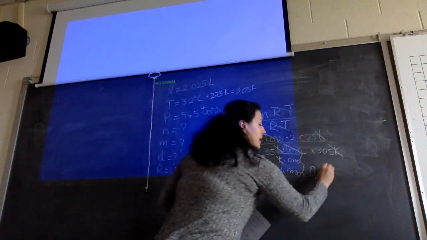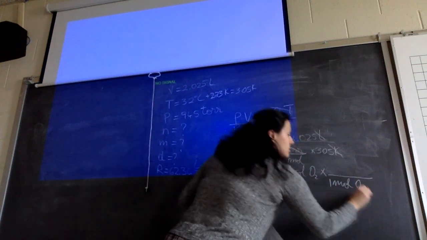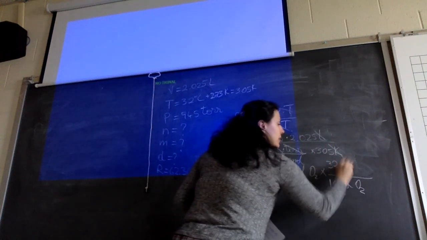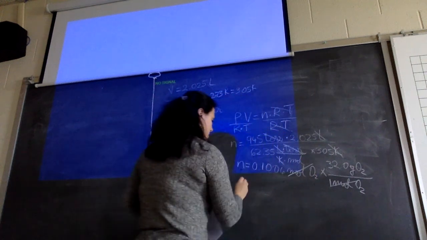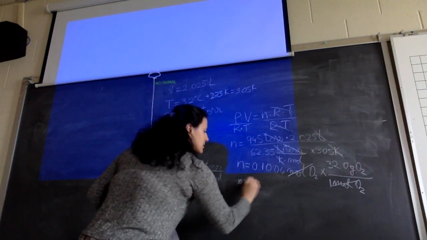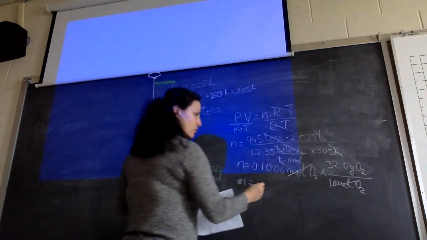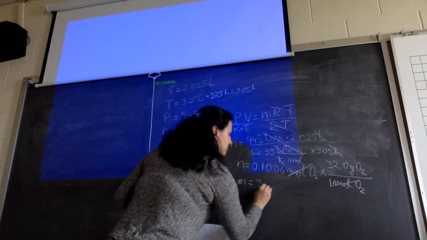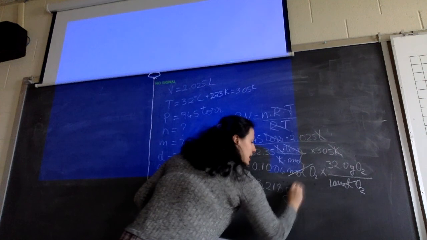So I know that 1 mole of oxygen weighs 32 grams. So this will give me the mass. The mass is equal to 3.218 grams of oxygen.